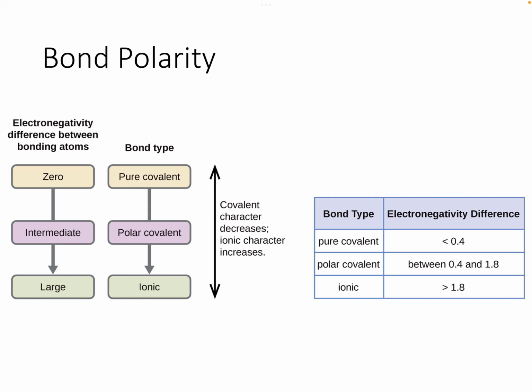So for example, if we look at just the H2 molecule, what we're going to do is figure out the electronegativity value for each hydrogen. But of course they're the same, so they'll have the same value.